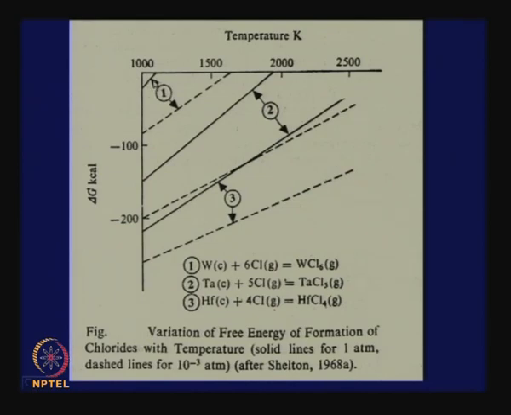If we have greater pressures, we have a solid line, and if we have a reduced pressure, we have the dashed line. Now, if we operate at a very low pressure, you might have to go to very high temperatures for decomposition, whereas you will be able to do that at lower temperatures if you had higher pressures. But there are many factors to be taken into account as to whether you should operate with high pressures or low pressures.